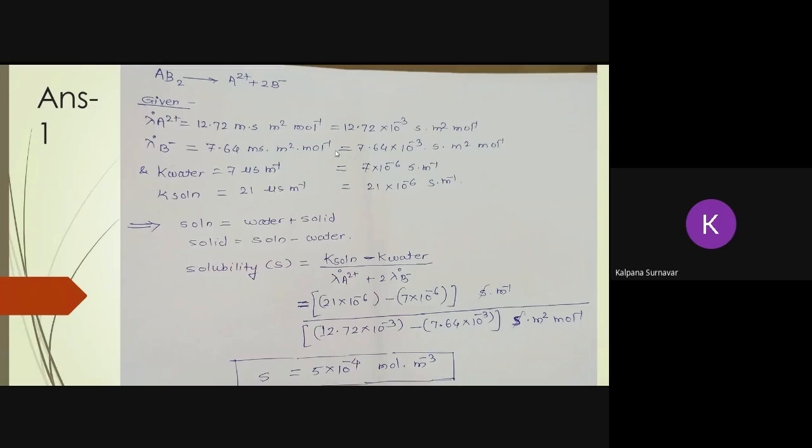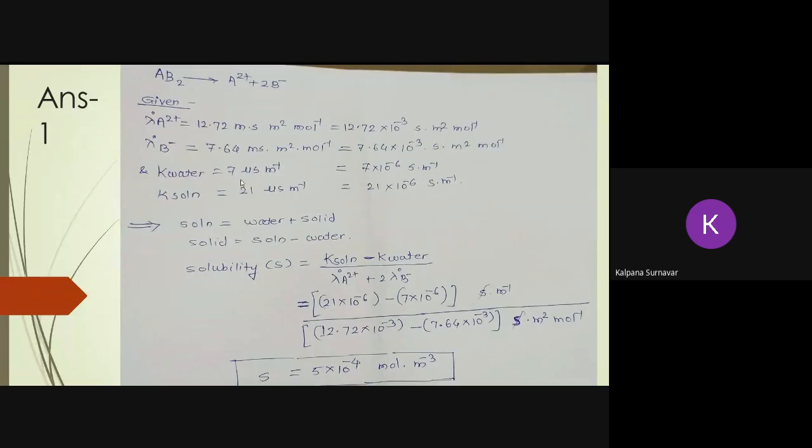In the same way you can convert the equivalent conductance of the negative species B−, and it comes to 7.64 into 10 raised to minus 3 siemen meter square per mole. Now they have given two values of conductance. One is of water and the second is of a saturated solution of a sparingly soluble salt.